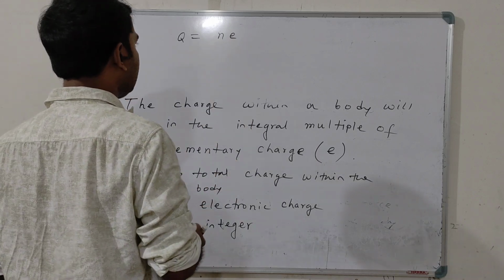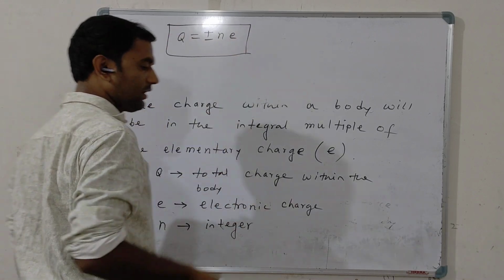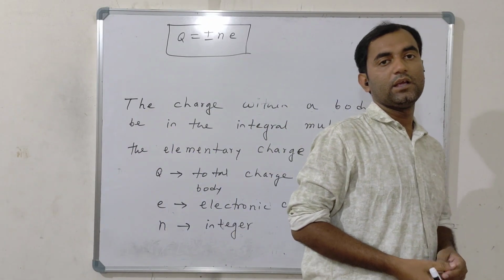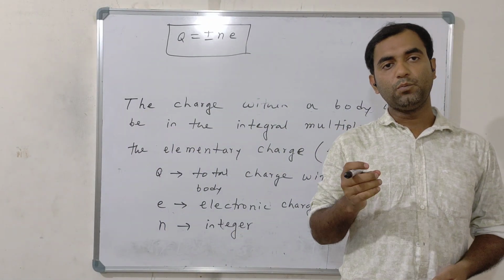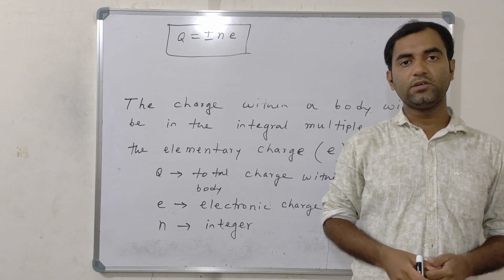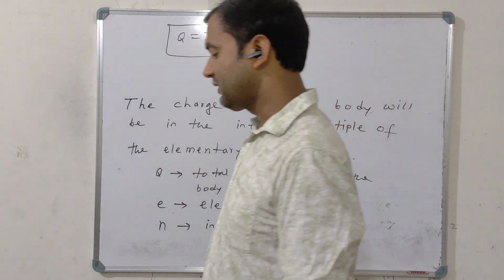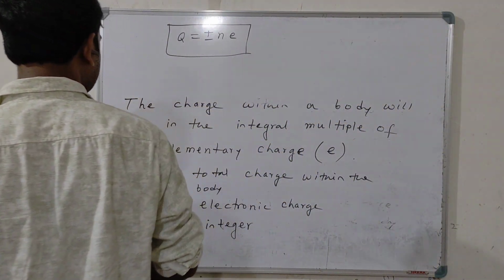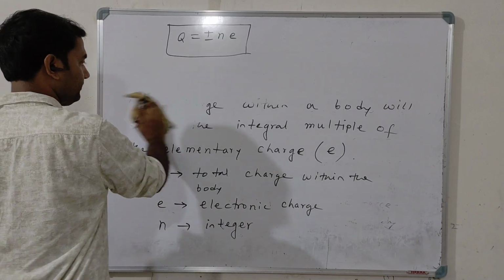We can write it as plus minus ne also, because whenever a body releases electrons it will have positive charge, and if it gains electrons, then it will have negative charge. So plus minus is the sense of whether the body is gaining or losing electrons.